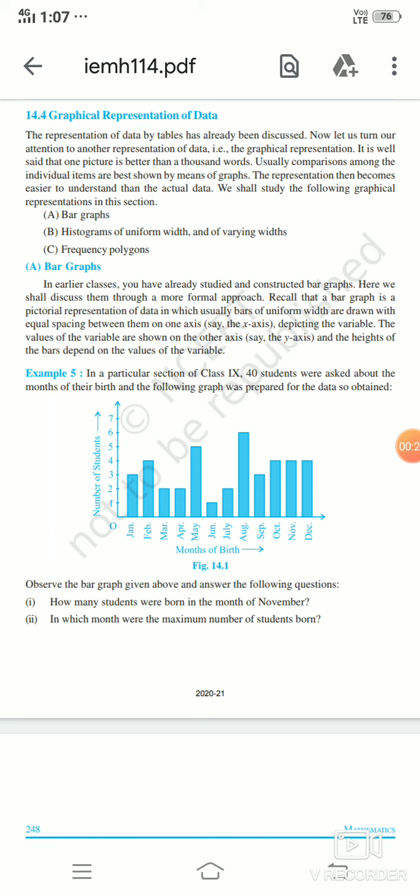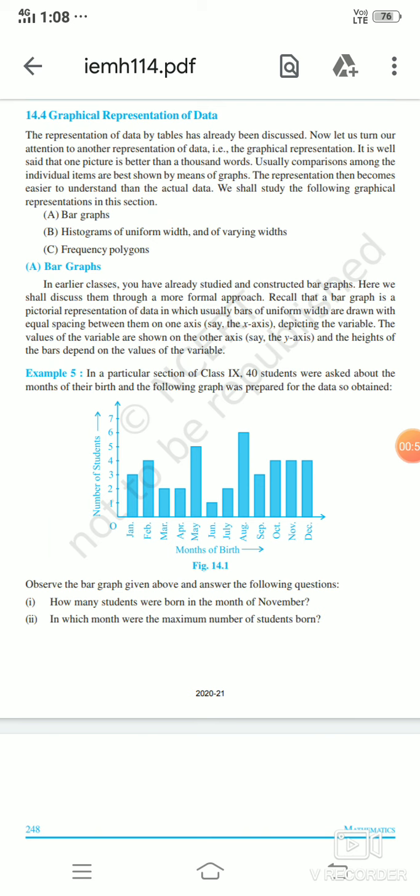For a bar graph, we need to introduce the x-axis and y-axis, and introduce the x-axis data and y-axis data. For that, example 5: in class 9, 40 students were asked about the month of their birth, and the following graphs were prepared for the data so obtained.